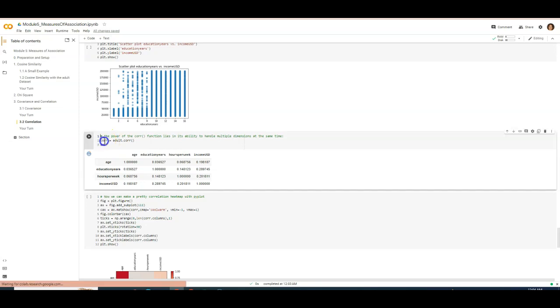So if we say, here's the correlation set, give me all the correlations within the adult data set, and then we look at them, then we're seeing that age is correlated to age with a 1. That's because it's the same value. Same with education years, same with hours per week, same with income USD. Okay, that's not interesting. But we're seeing that education years and age are correlated weakly, but positively. We are seeing that hours per week and age are correlated a little bit less weakly.